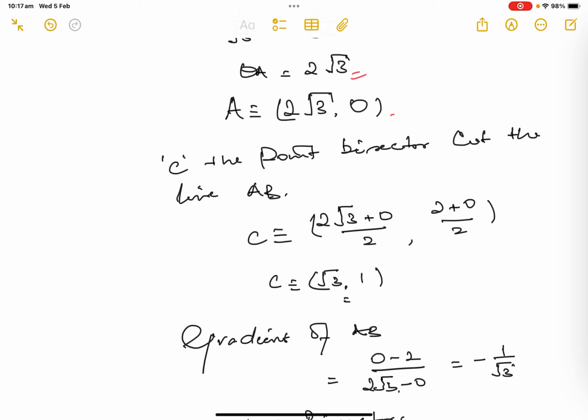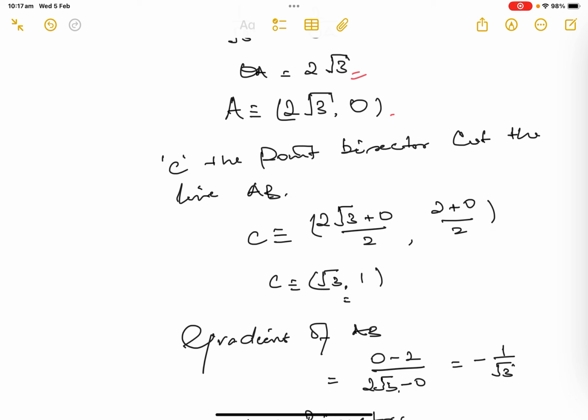The bisector of AB cuts the line AB at the midpoint, and is perpendicular, of course. I named the point where the bisector cuts the line AB as C. The coordinates of C are the midpoint of AB: the x coordinate of A plus the x coordinate of B divided by 2, and the y coordinate of A and B divided by 2.